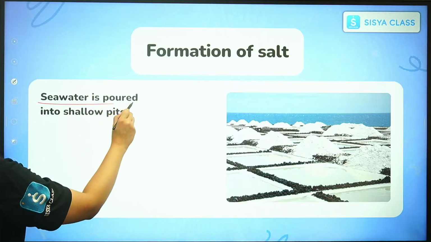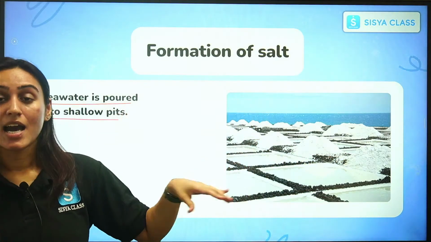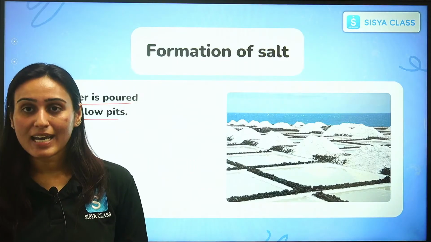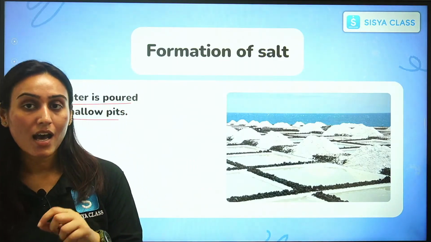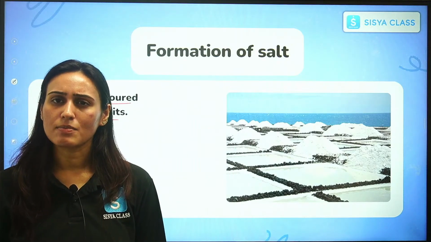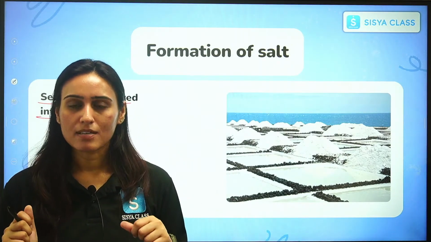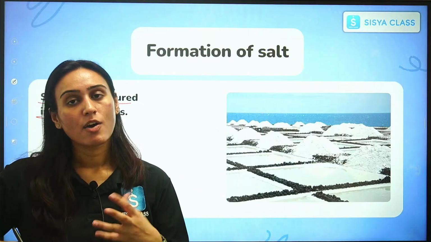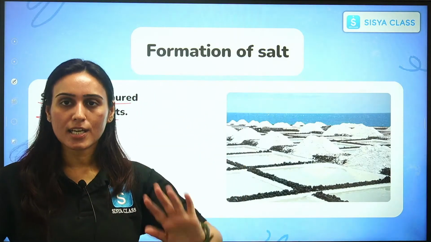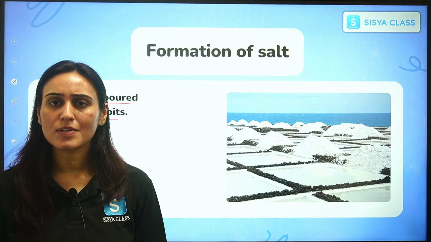So seawater is poured into shallow pits. This is the way by which you can separate out your salt from the seawater. Do you see these shallow pits? What do we mean by shallow pits? There is a large surface area. They are not very deep. Why are we using shallow pits? Why can't we use a huge container and fill it with seawater and hope it will evaporate?